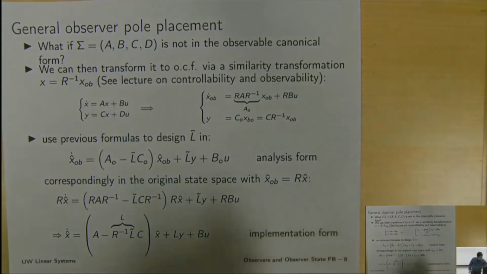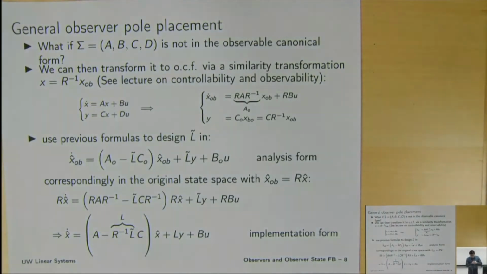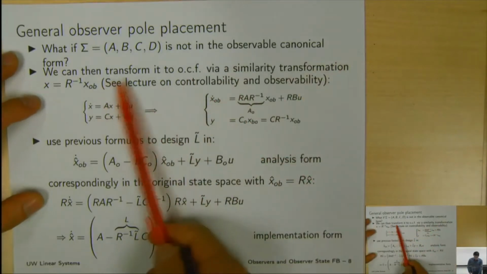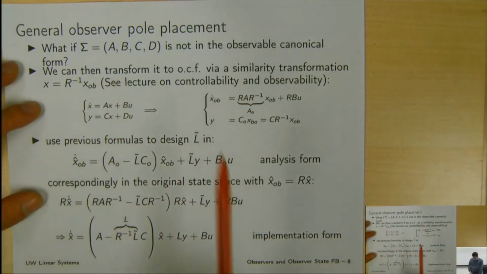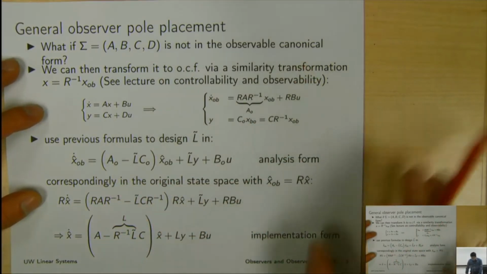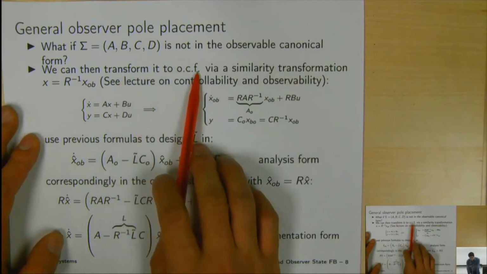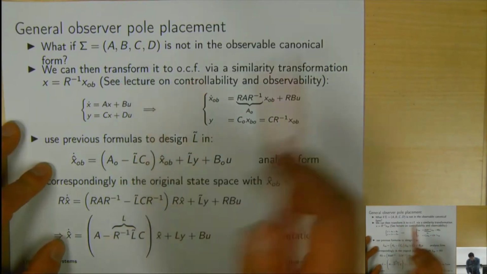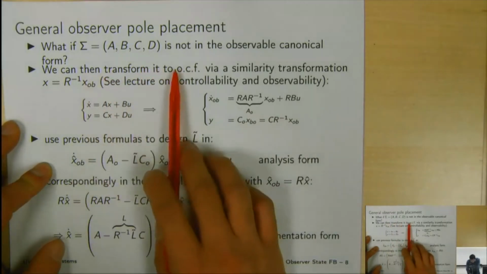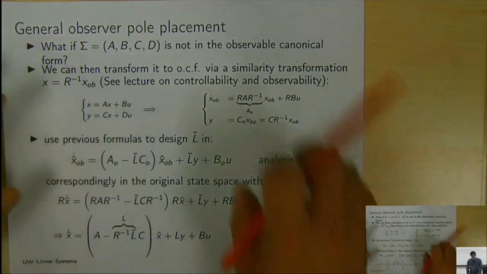Let's also see the case if the system is not in observable canonical form. This time let's go a little bit into the details, just to show you how this similarity transform can actually help us. We can transform the system into observable canonical form by this similarity transform.